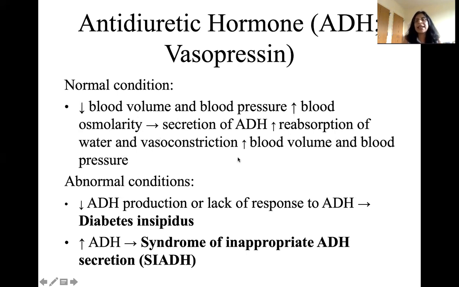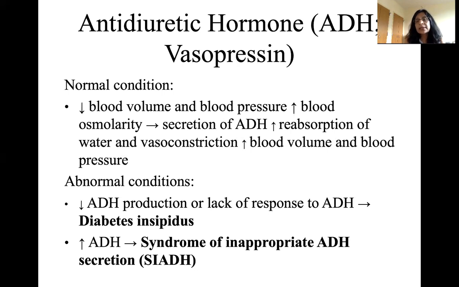All right, so that is the normal condition: decreased blood volume, blood pressure, increased blood osmolarity, and that causes secretion of ADH. And when ADH is present, what does it do? That is the action of ADH. Okay, antidiuretic hormone uses calcium mediated, calcium serves as the second messenger system here. That's the mechanism that's used by ADH at the renal tubule.